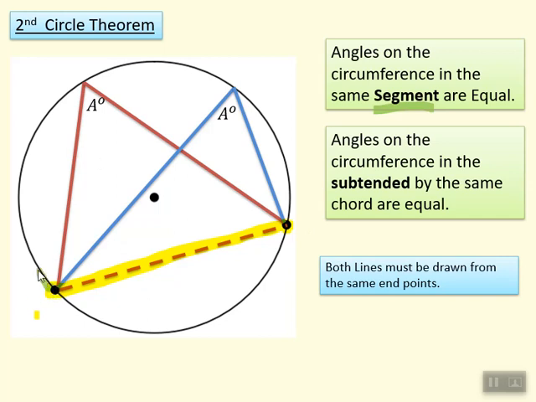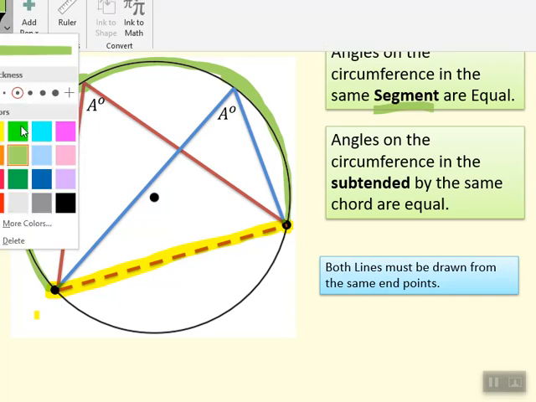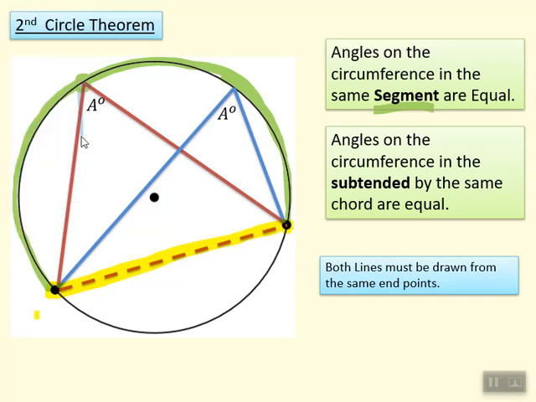If you pick a point in the same segment, anywhere in this green arc, on the circumference like this one here, and you join it to the ends of that chord, and if you pick a second point anywhere on that green arc and join it to the ends of the same chord, then those two angles on the circumference will always be the same.